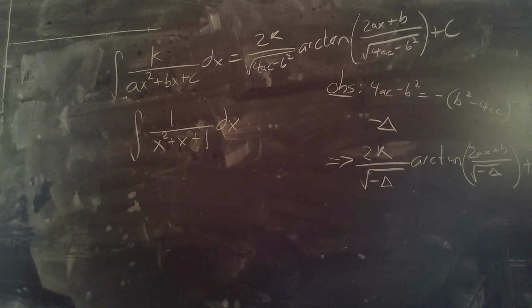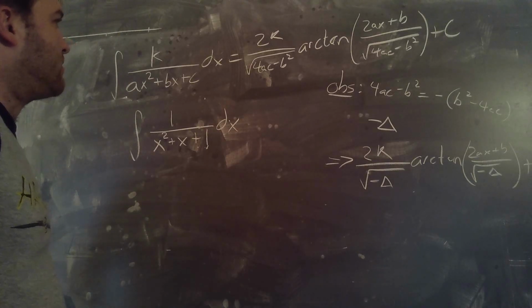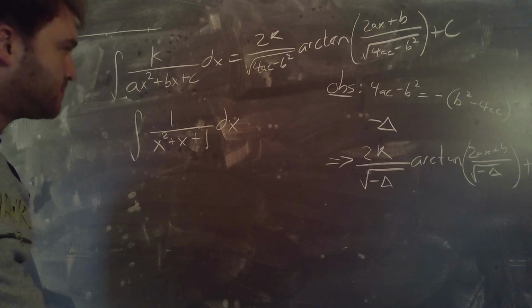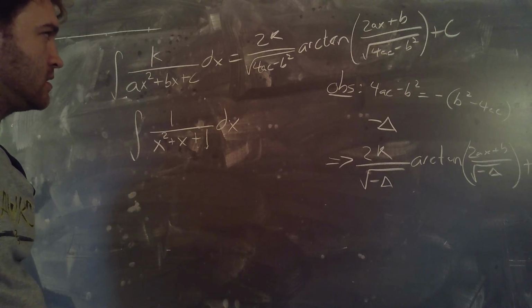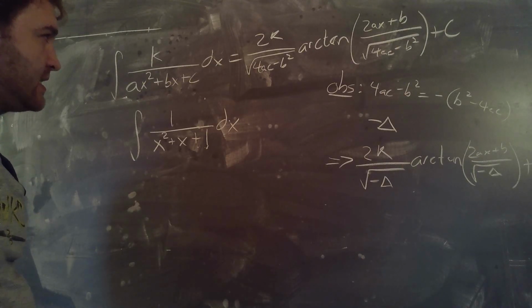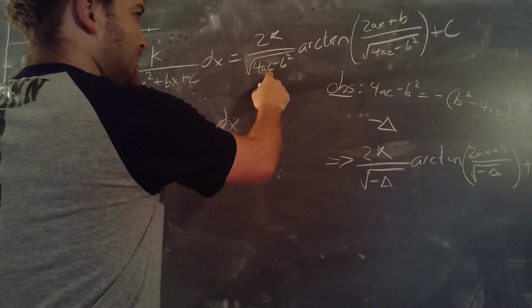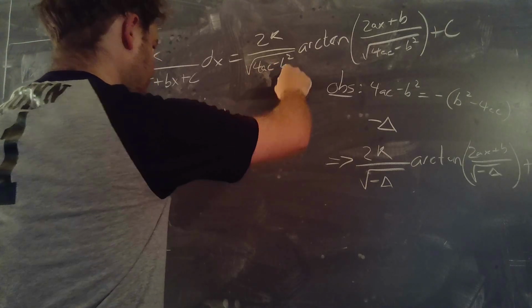Well, k is 1. That's great. That just means that this particular portion of that formula is just 2. And then we have a equal to 1, b equal to 1, and c equal to 1. So 4ac minus b squared is just 3.